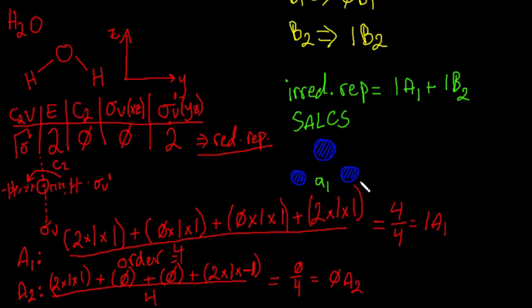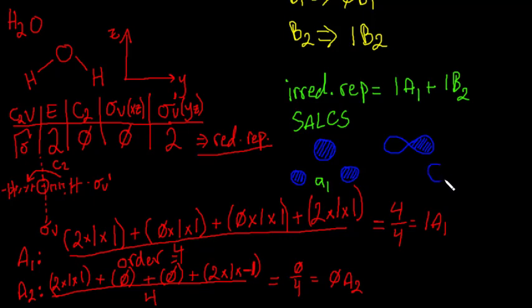Now, in the case of B2, remember we said that it's the py orbital, and the y is within the plane of the board, so we would draw this like this. And remember, we have two different phases in the py orbital.